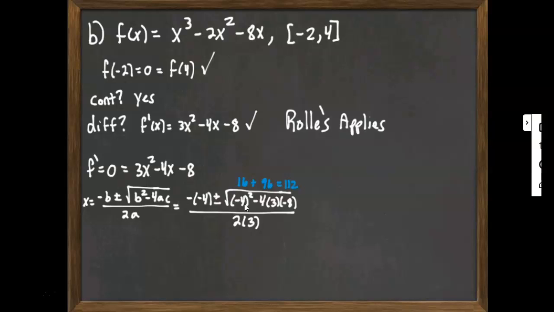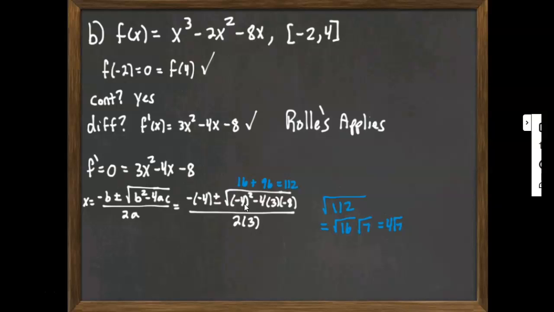And 16 plus 96 is 112. To clean this up, I need to simplify the square root of 112. 112 is 16 times 7, 16 being a perfect square, so that's why I'm pulling it out. The square root of 16 is 4, so it's 4 square roots of 7.